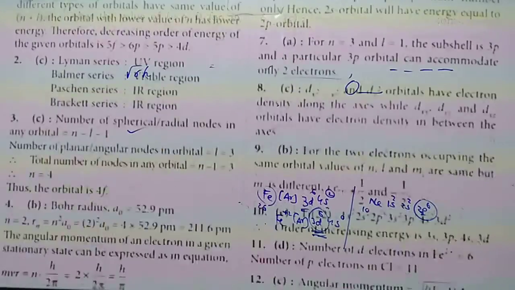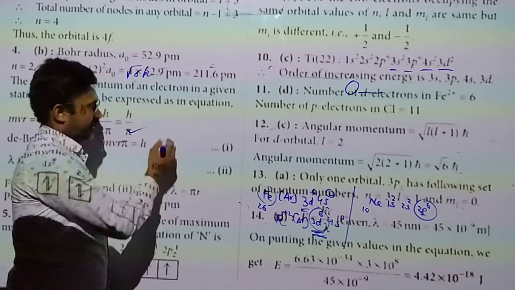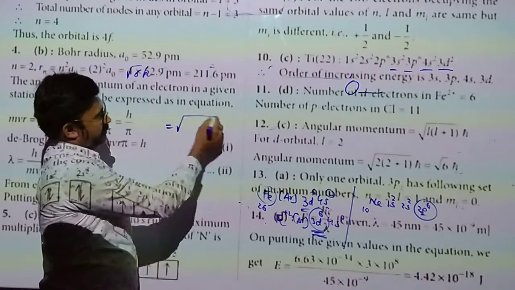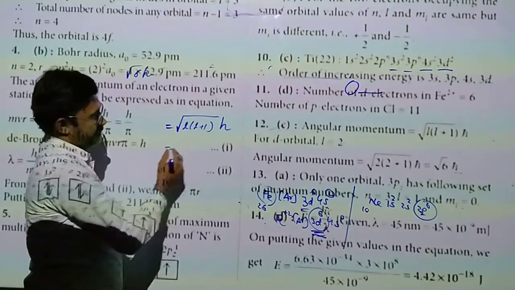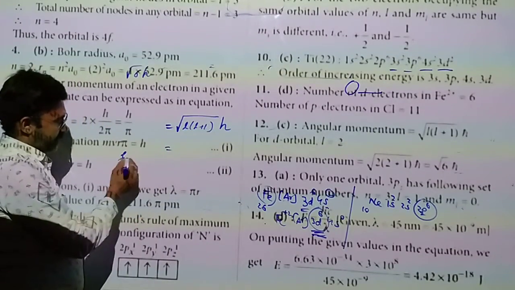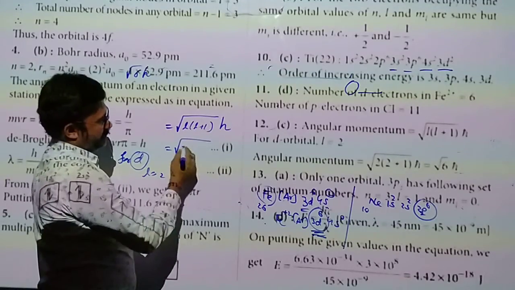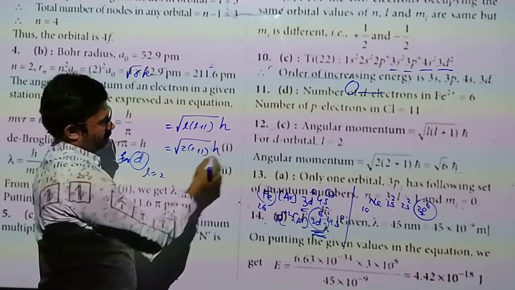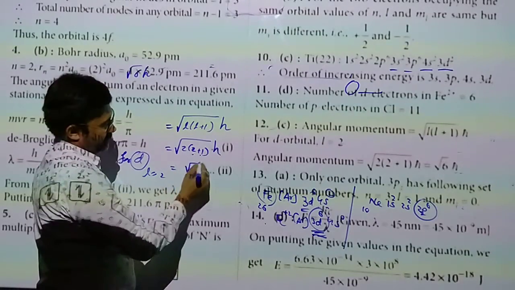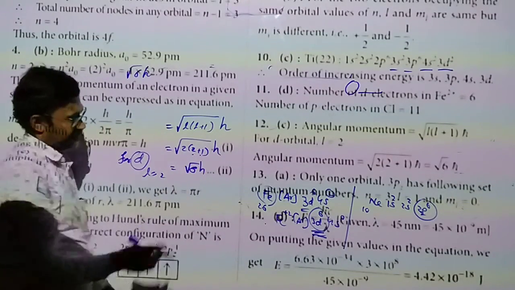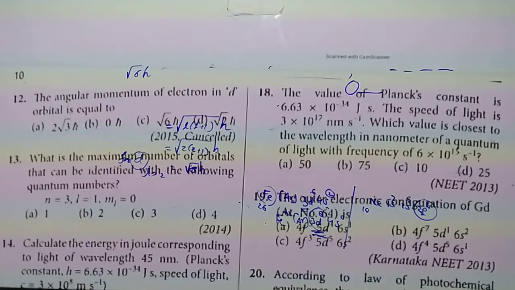You can see the angular momentum formula is under root l into l plus 1 into h. For d orbital l equal to 2. 2 plus 1 is 3, 3 twos are 6. So root 6 into h. So answer is C.